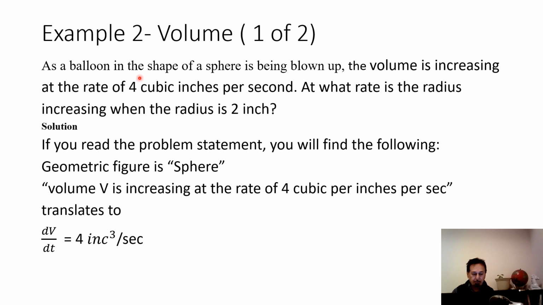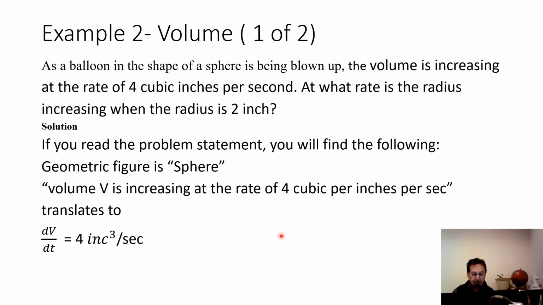So if we read the problem, you will find the following. Geometric figure is sphere. The volume V is increasing at the rate of 4 cubic inches per second.